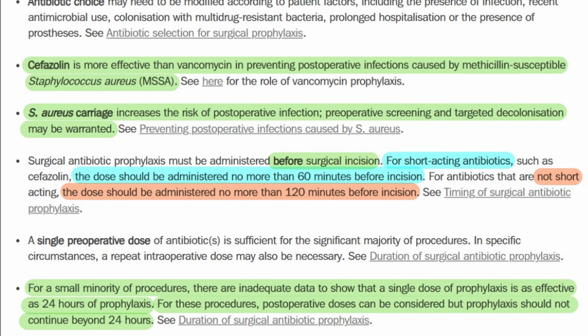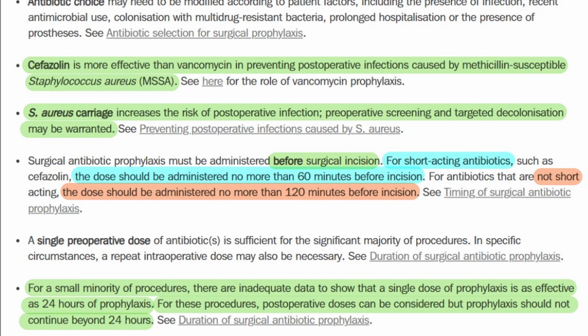For long-acting antibiotics, you can give them about 120 minutes, which comes to about 2 hours before the incision. Okay, so that's important, about antibiotic prophylaxis.